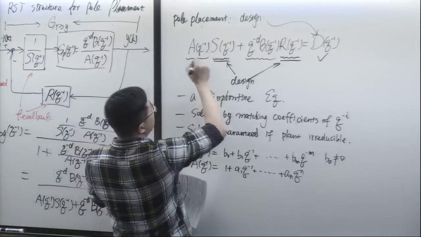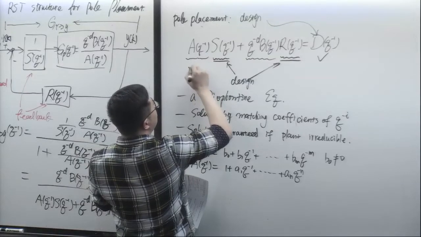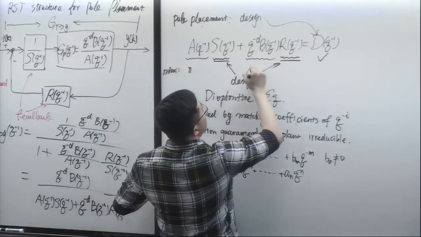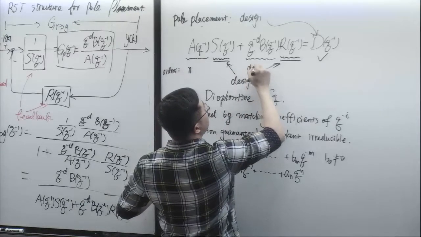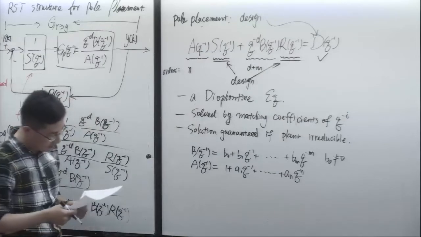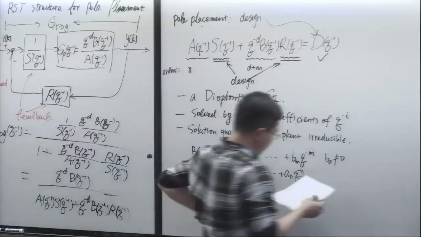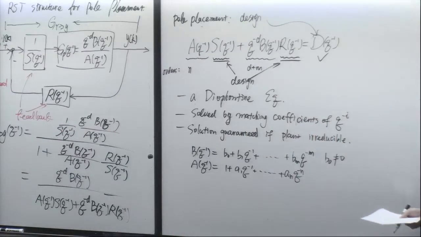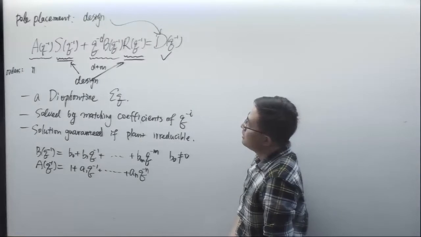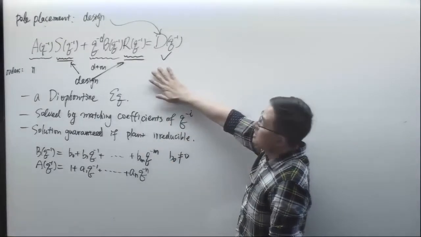So let's write down, this is n's order. This is D plus M. All right. In general, the way to design these is try to start with something simple.